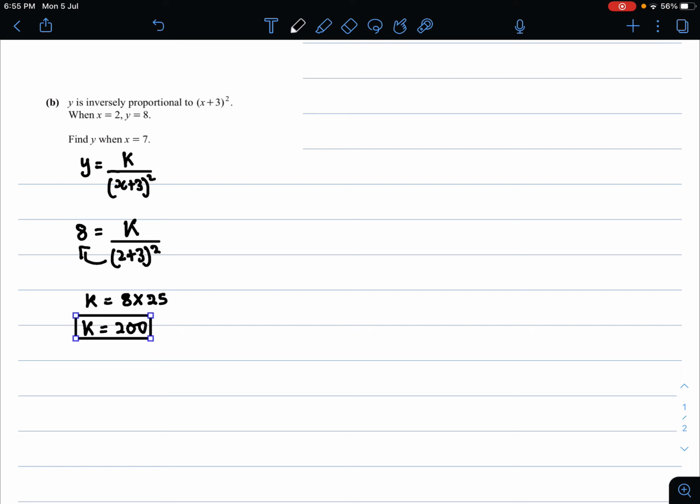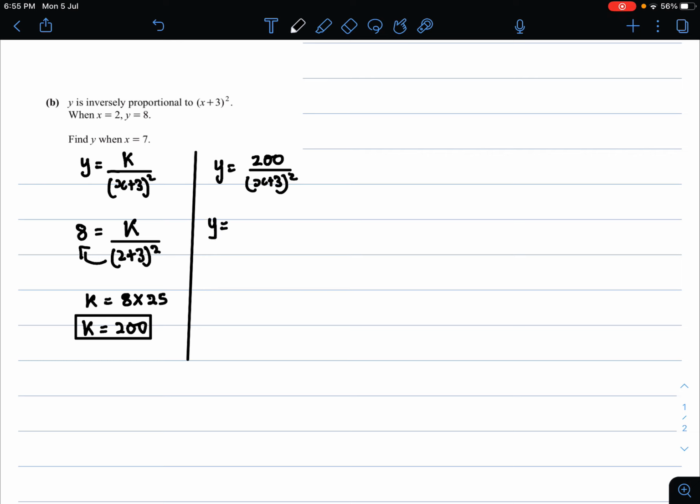Now let's rewrite the new equation that we've got. That is y is equal to 200 divided by x plus 3 the whole square. Now all you need to do to find y is substitute the new value of x.